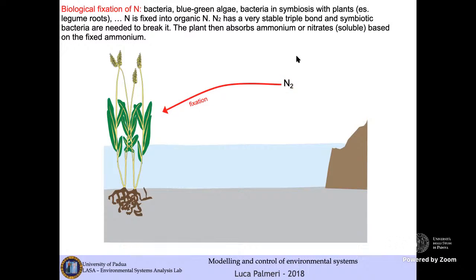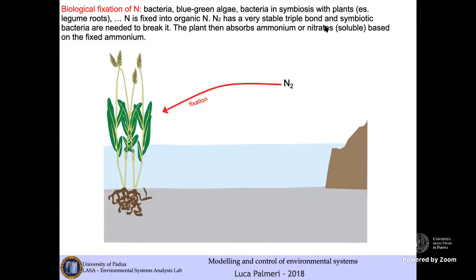The first process involving atmospheric nitrogen is biological fixation, which is carried out by bacteria, like, for example, blue-green algae, and bacteria in symbiosis with plants, for example, legume roots, and so on. In this case, nitrogen is fixed into organic nitrogen. Gaseous nitrogen N2 has a very stable triple covalent bond, and symbiotic bacteria are needed to break it.